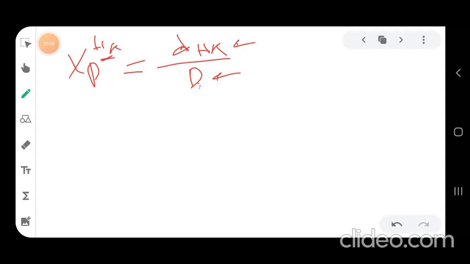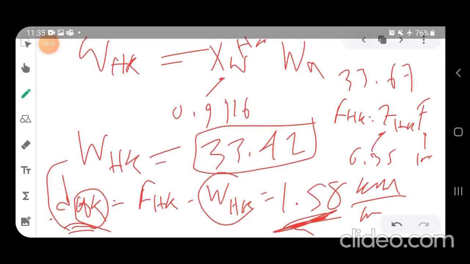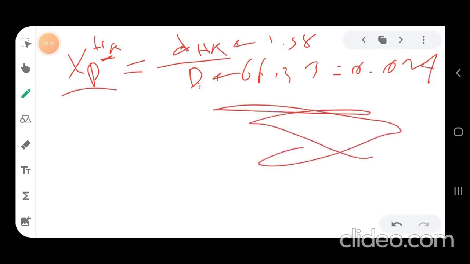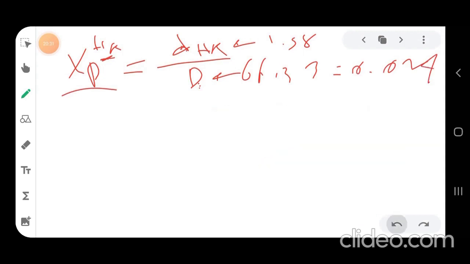I know this already, this is 1.58, and this is 66.3, we determined it before, so we will get that XD of the heavy key is equal to 0.024, and that's it. I think this is enough for the material balance.